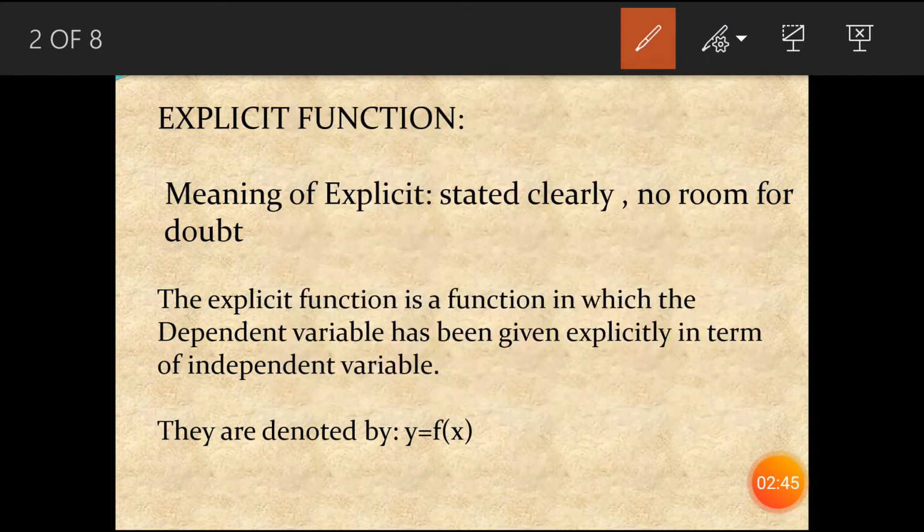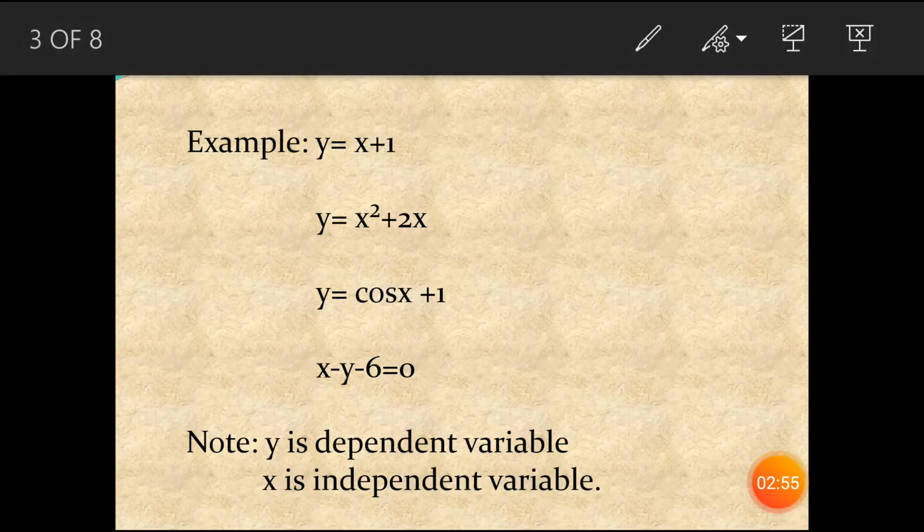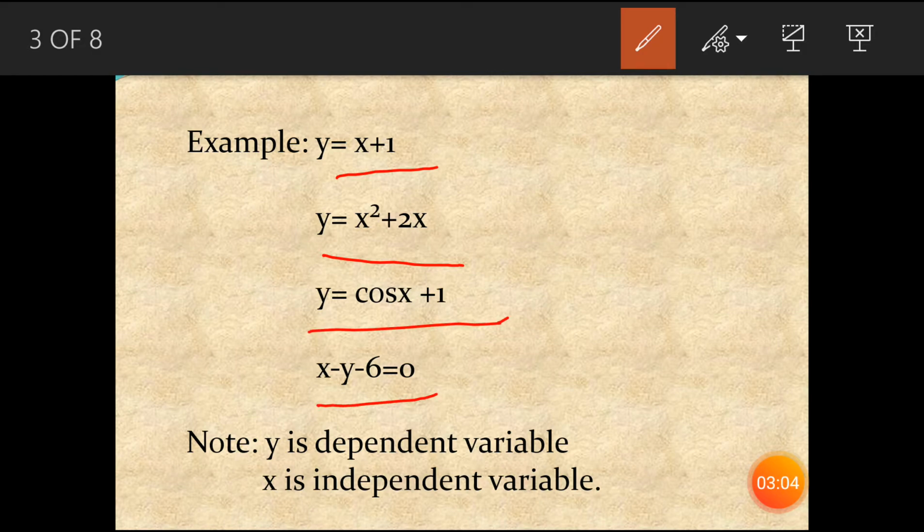Now let's talk about implicit function, because our topic is implicit. First of all, just see examples of explicit functions, like you can see here y equals x plus 1, y equals x square plus 2x, y equals cos x plus 1, x minus y minus 6 equals 0. Here also, just by observing, you can say that y equals x minus 6.